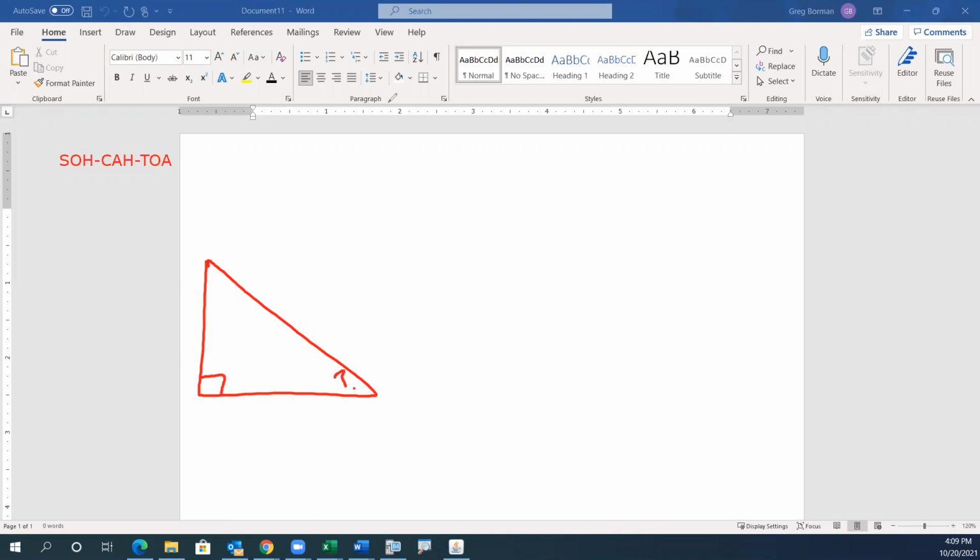We've got 5 millimeters and 4 millimeters, and I'm picking these numbers so they work out nicely this time. If I was looking for this side, that would be 3 millimeters, the 3, 4, 5 right triangle. This is the angle I'm interested in, and the two sides I'm playing with are the opposite and the hypotenuse. That involves sine.